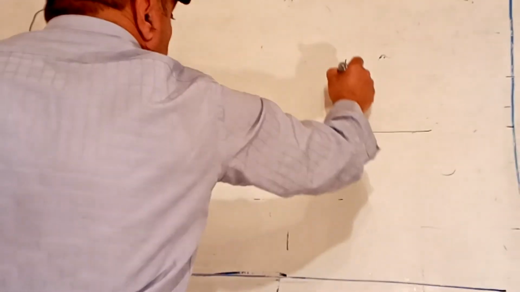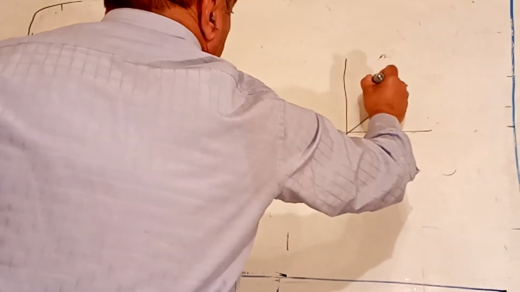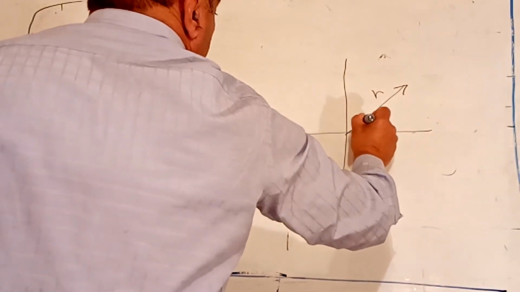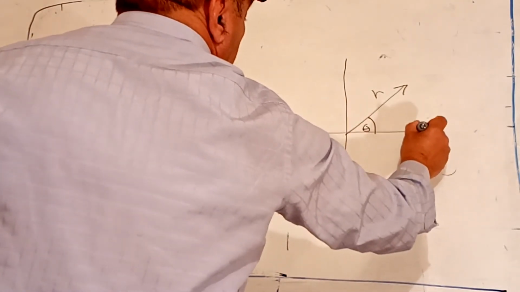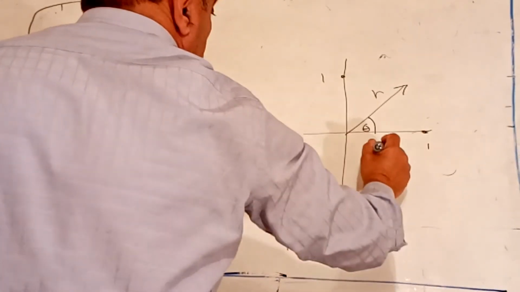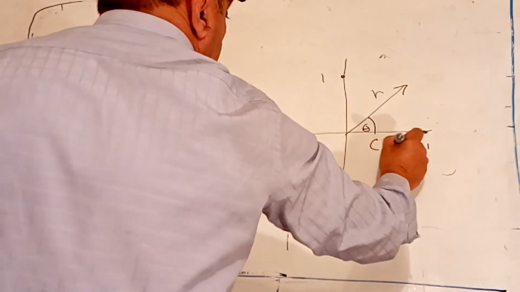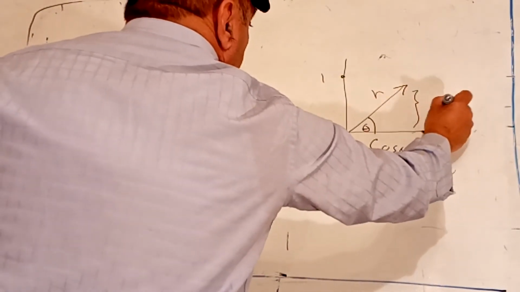For example, let's take a look at this one here. We're still in the first quarter. This is R, this is theta, and this is 1, the maximum is 1. And this is the cosine theta, and this value here is the sine theta.